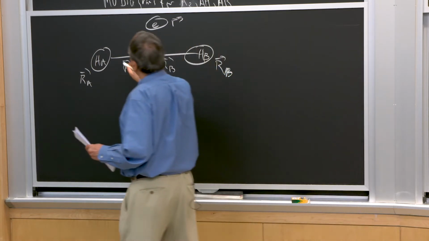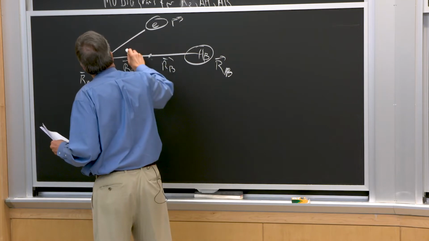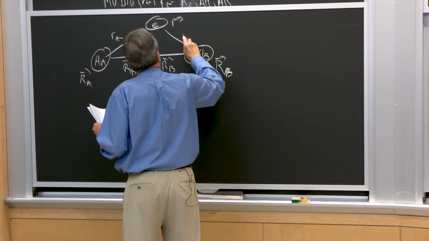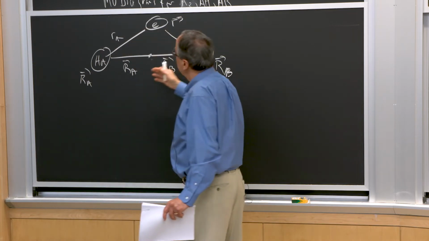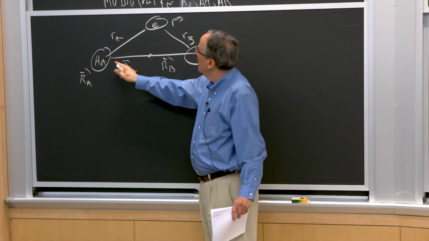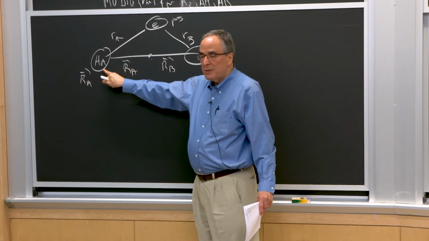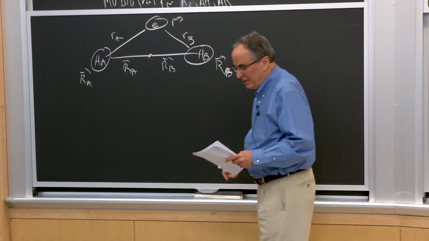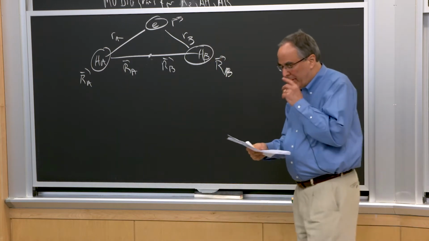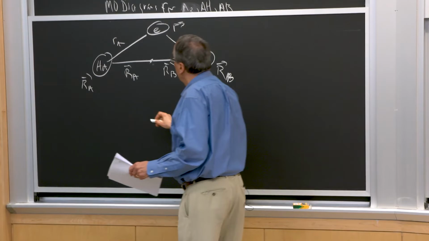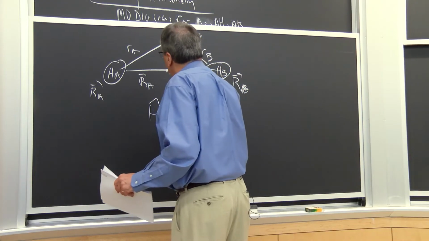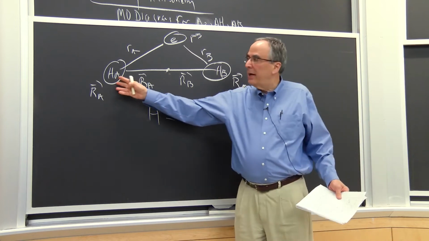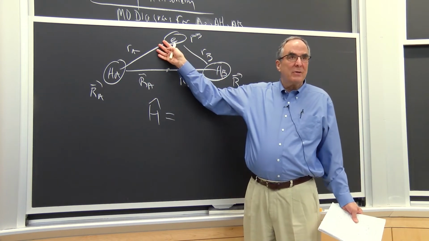Okay, and now we have this, which is called R sub A, and it's a vector, and this is R sub B. So we have uppercase symbols for nuclear positions and lowercase for electrons, except they're between electrons and nuclei. Okay, and once we have this picture, we can write what the Hamiltonian is, because we're basically looking at the interactions between these 3 particles.